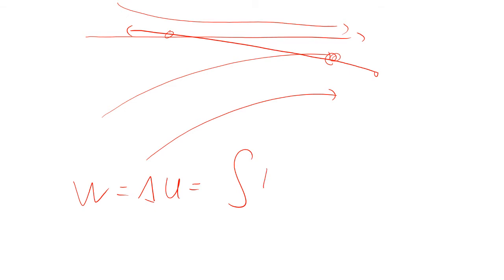Suppose the electric field is from like a dipole or something, and so it's curved. And so I'm going like this, so that means the electric field is changing strength and changing direction. So that means that the work done, which is the change in potential energy, is equal to the integral of F dot ds.